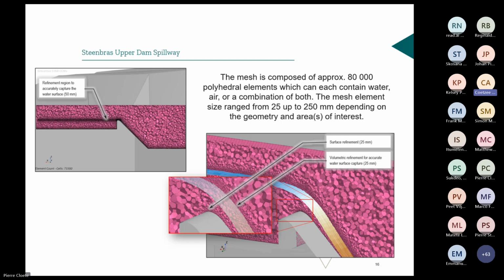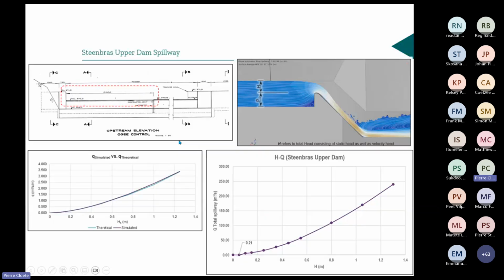Okay, we have another question from Michael. He's asking, what was the C value for the upper dam? Because you have varying flow depths for your approach, the relationship between your overflow depth and your P is rapidly changing. There's not a set C value. We did the calculations to determine what the C value is for each upstream depth to get this theoretical versus simulated graph.